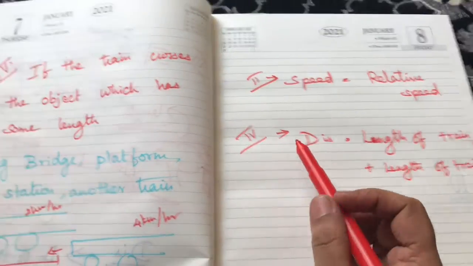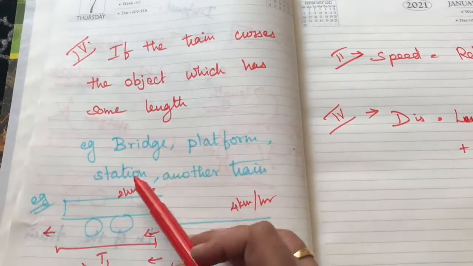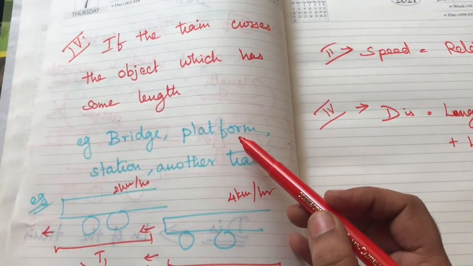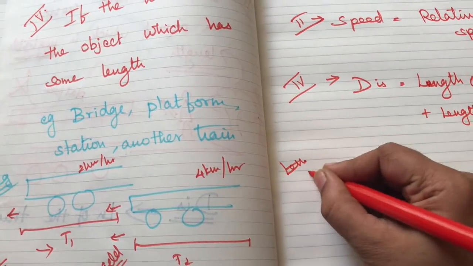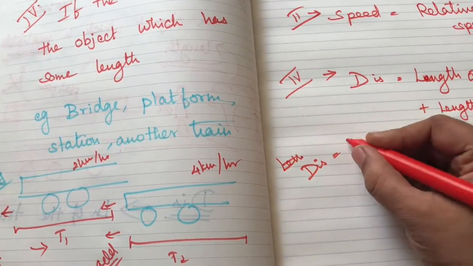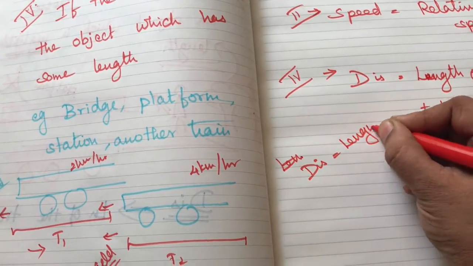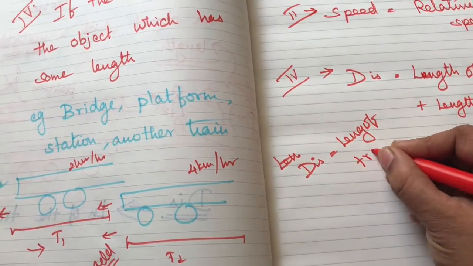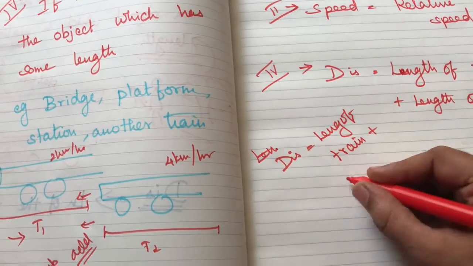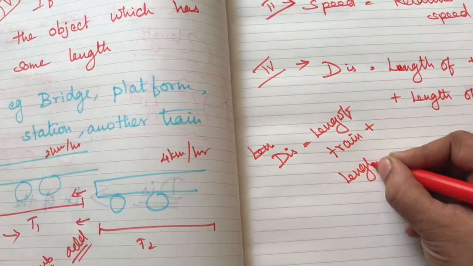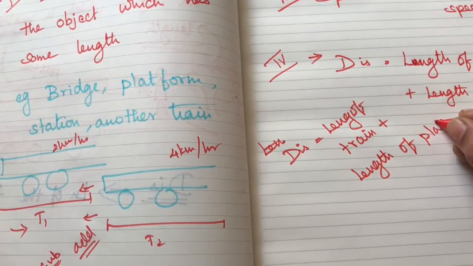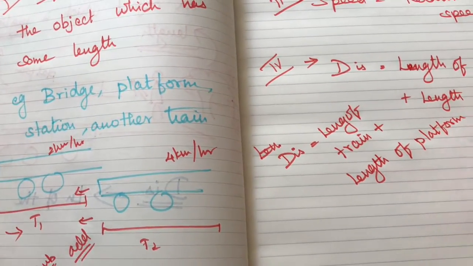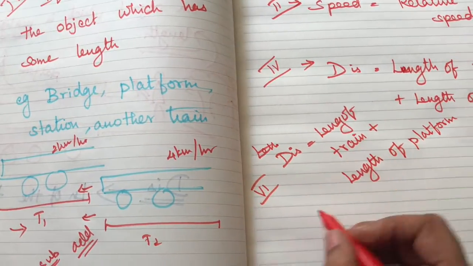So whatever may be the thing, train or bridge, train or platform, we need to take the distance, sorry, distance will be equal to length of train plus length of platform. So this is the fourth case.